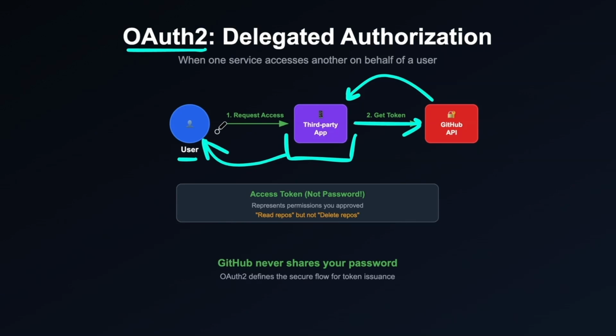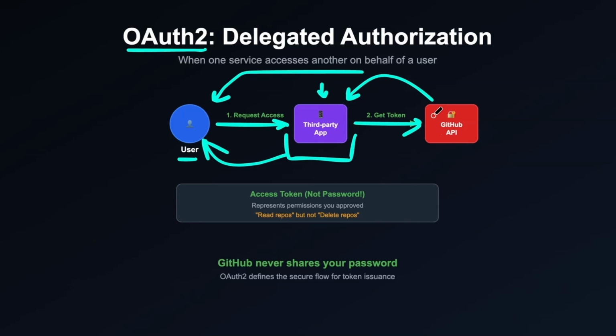So you as a user send a request with the third-party app to request access to your repositories. And then GitHub gives you the access token which you should create. So you should also provide what resources, what repositories this third-party app can access, and also what they can do. Can they create, read, update, or can they delete, or whatever the permissions you set.